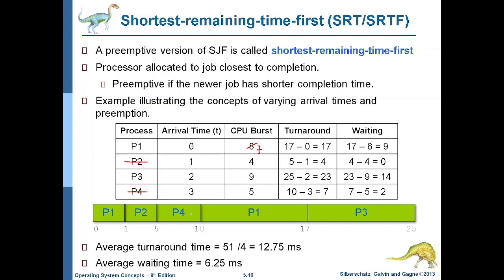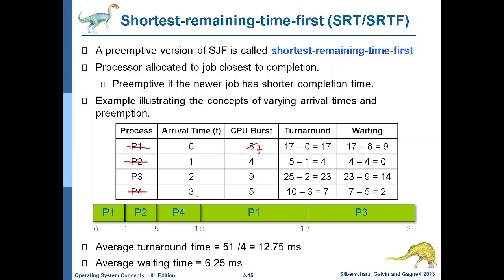And then at time 10, we will look at P1 and P3. The smallest CPU burst time between these two processes is P1. So that's why we will execute P1 until it finishes. So P1 is already finished. What's left is P3.